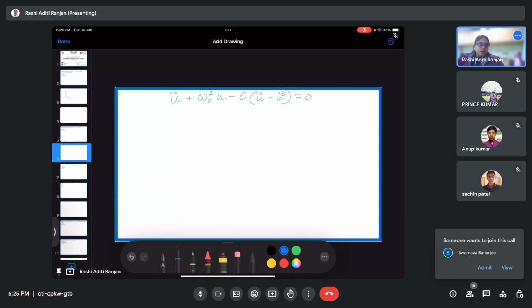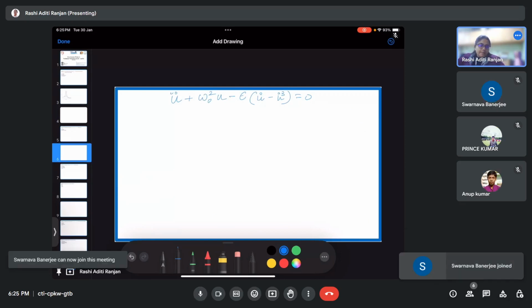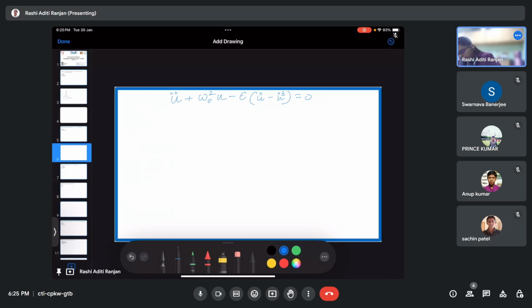So in this case, what is going to happen? First, we'll look into the homogeneity property. Okay, so let us assume that this particular function is written as d of u of t.